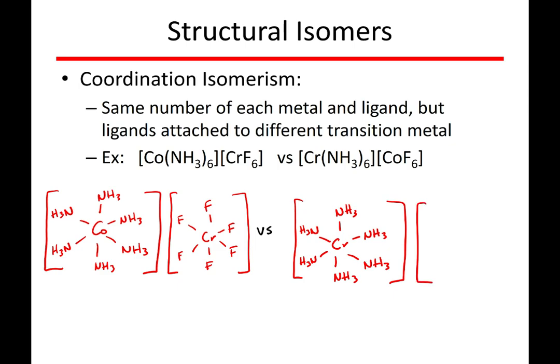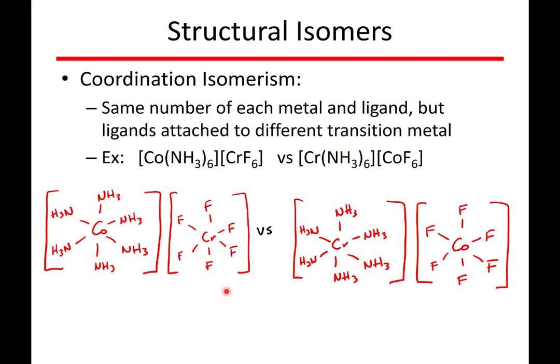And then the anion contains cobalt, and then that's going to be attached to 4 F- ligands. So here we have two different compounds. They have the same exact formula. Again, they contain the same number of cobalts, chromiums, ammonias, and fluorines, but the atoms are arranged differently.